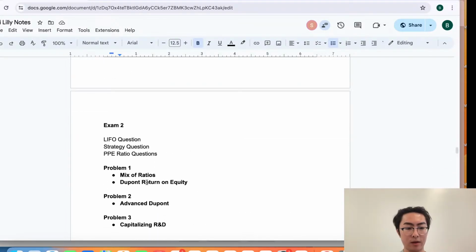There we go, okay. So mix of ratios, DuPont's, last in, first out. I think that is kind of like a stack. If you were to think about it in computer science terms, first in, first out is a queue.